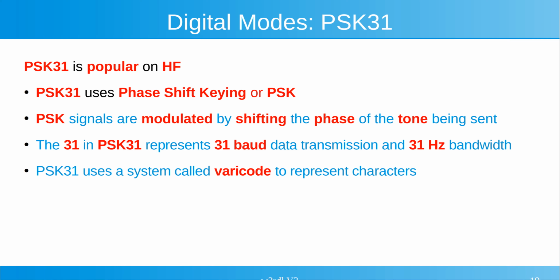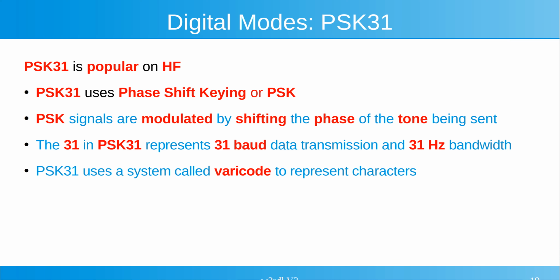It uses what we call varicode, which, if anybody's familiar with the ASCII encoding, where we represent all the alphabet and numbers in a digital representation with 7 bits, or 8 if it's extended ASCII, and they're all the same length.